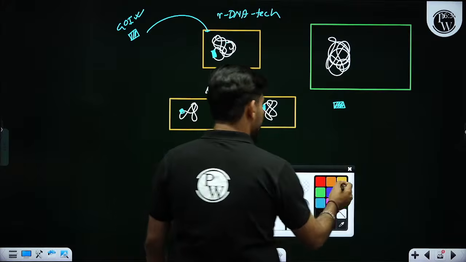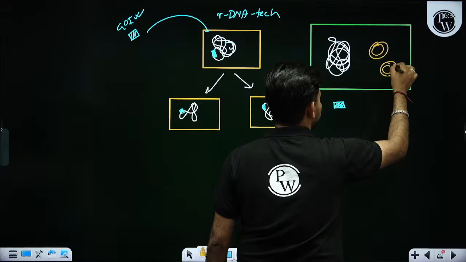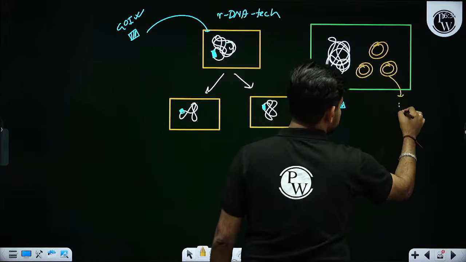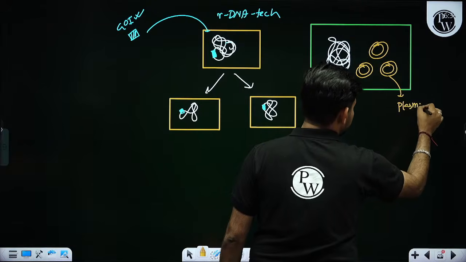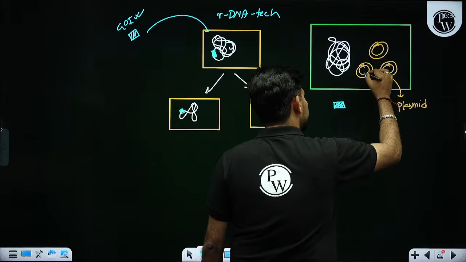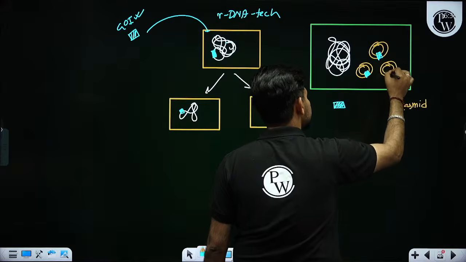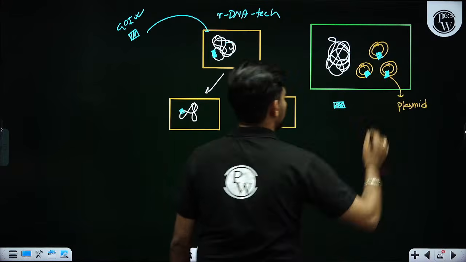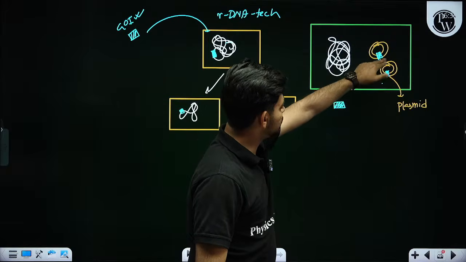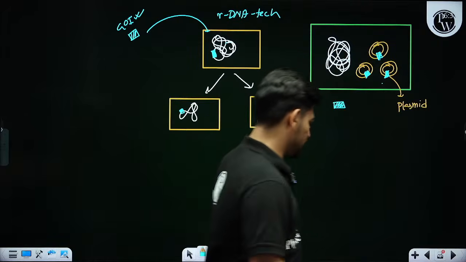For that you have to search for these circular ringlets in bacterial cells, and we call these ringlets plasmids. So another chance is there: if you incorporate the gene of interest inside those plasmids, then also the bacteria can transmit the gene of interest to the new cells or to the next progeny.